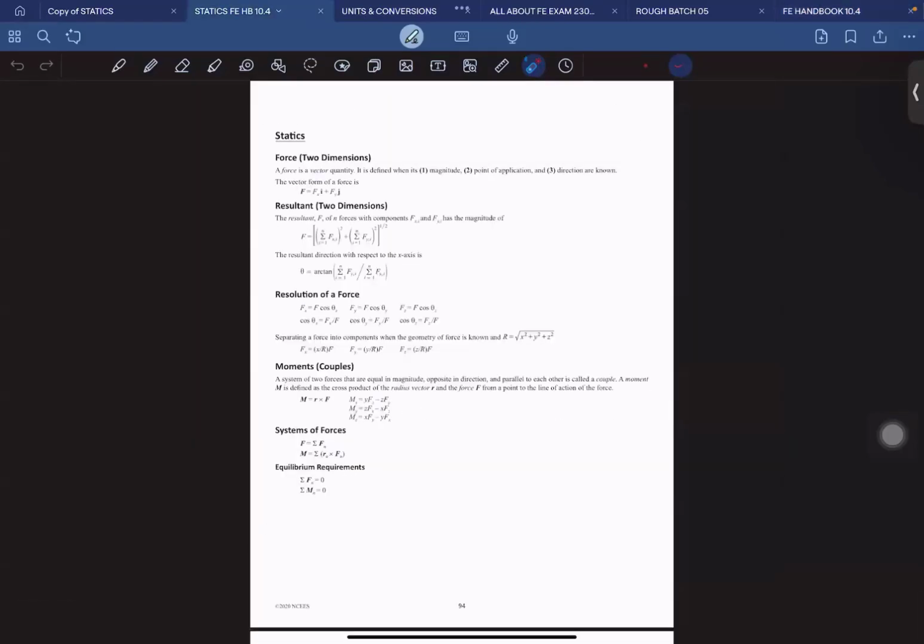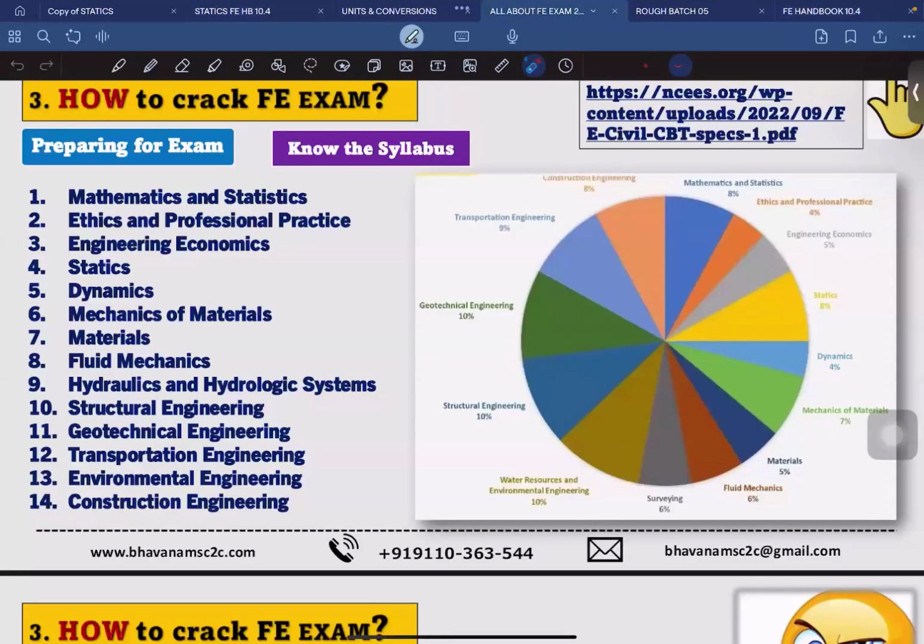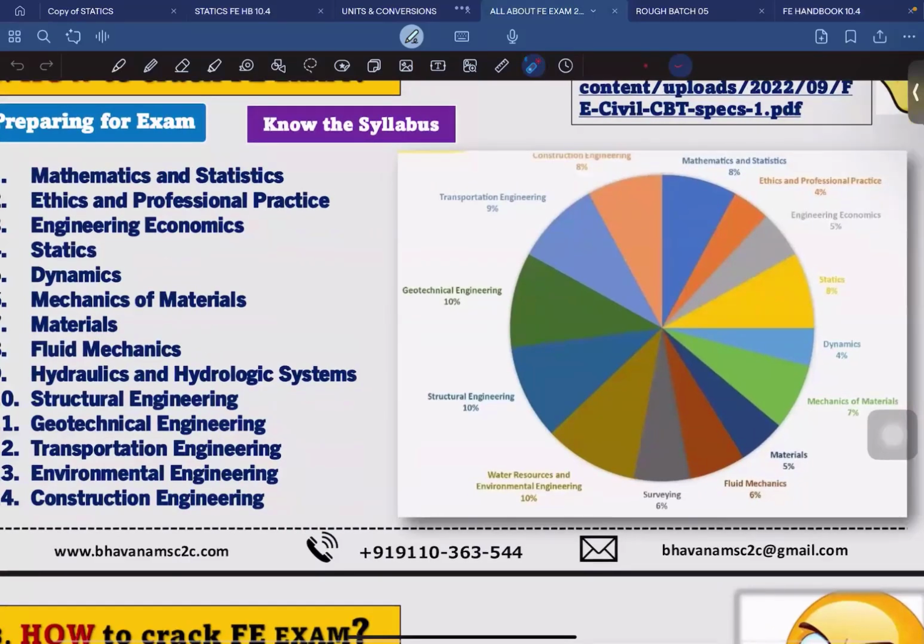Likewise, our team has made an effort to make a pie chart as per the range of marks. You can see here, some subjects have less weightage, and materials, a structural subject like introduction to civil materials, has around 5%. Subjects like structural engineering have 10%, and geotechnical has 10%.